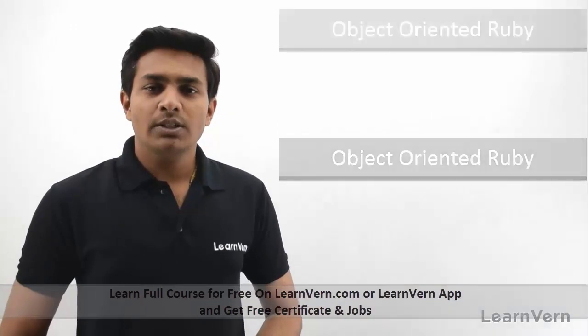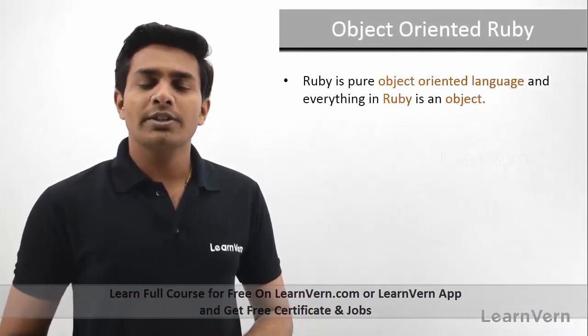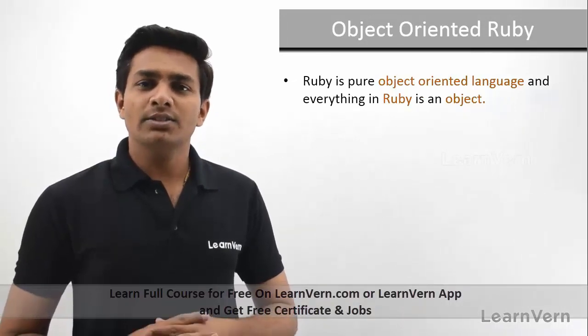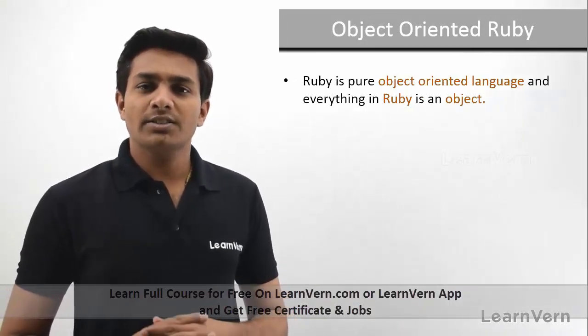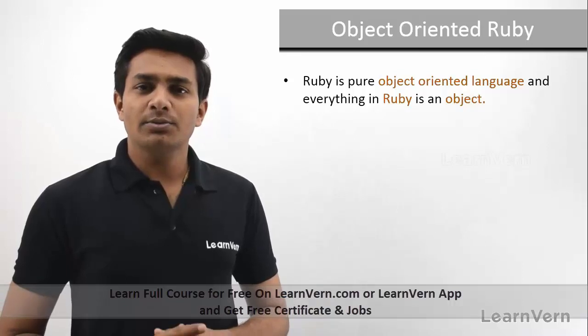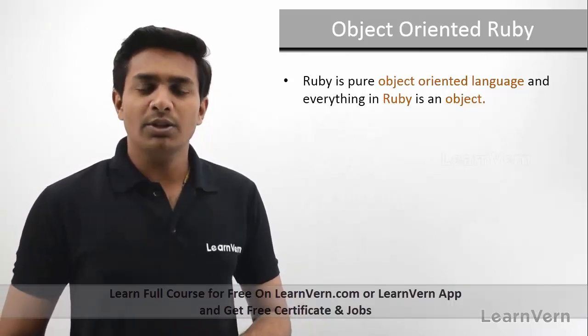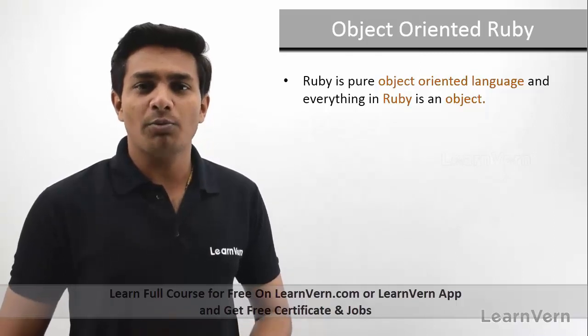Object-oriented Ruby. Ruby is a pure object-oriented programming language. So here in Ruby, everything is an object. If you are creating some variable, you are creating some object, that all belongs to some class, because they are actually objects.